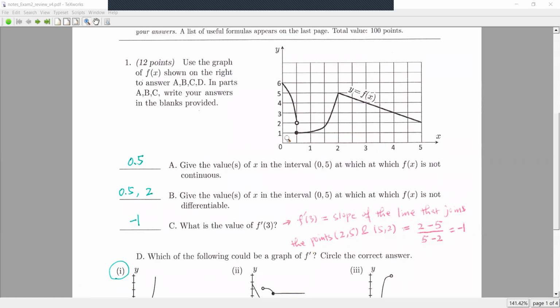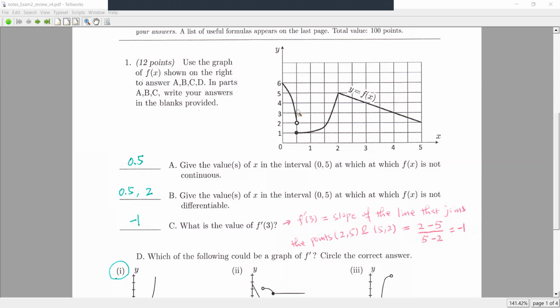On the other hand, if I move x further and further away from the origin, then this portion of the graph becomes steeper and steeper. In other words, slope becomes larger and larger, but negative.